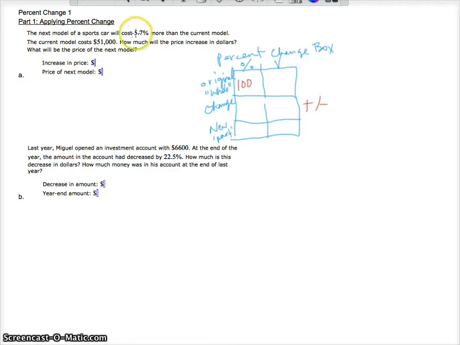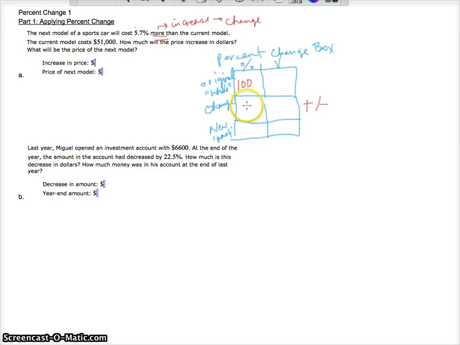So first of all, it says the next model of a sports car will be 5.7% more than the current model. More means increase or change. So I'm going to put this in the percent change area because it's a percent.